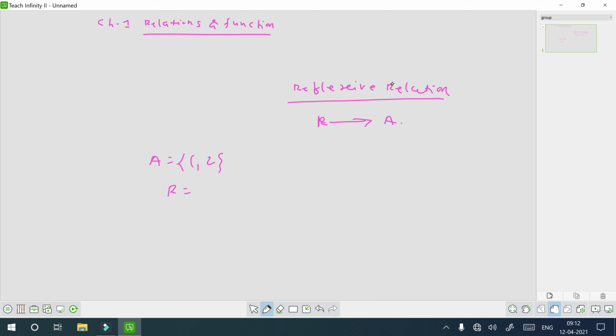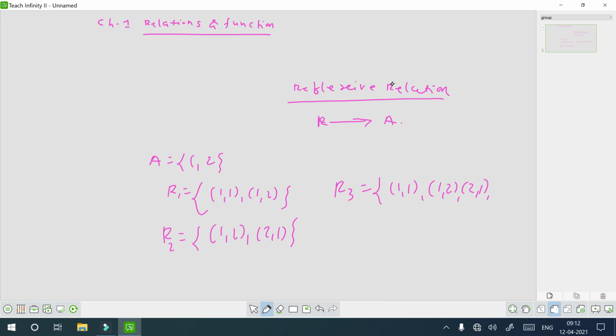And let us take a subset of A cross A: (1,1), (1,2). Of course, it is a subset of A cross A. Let us take one more set: (1,2), (2,1). Let us take another subset: (1,1), (1,2), (2,1), (2,2).